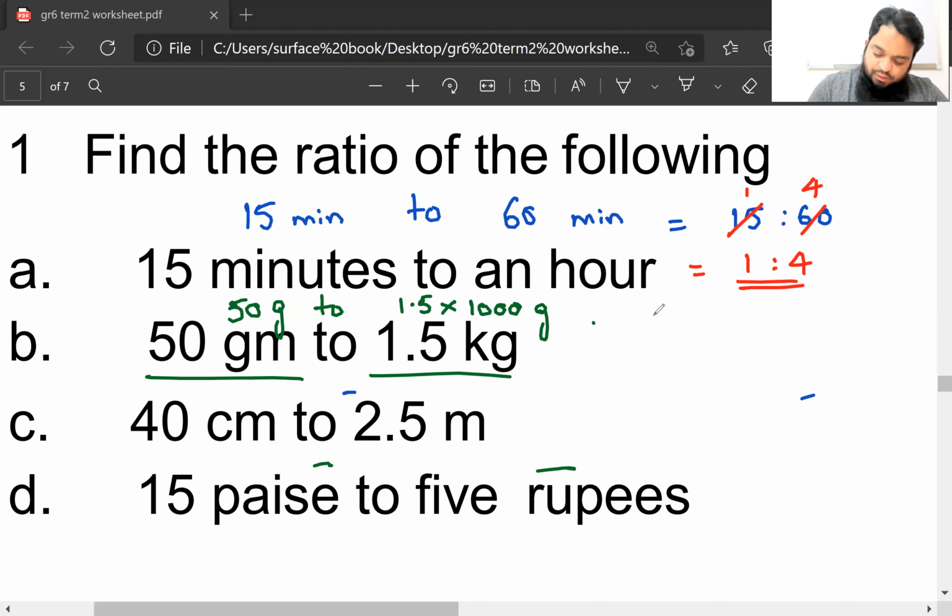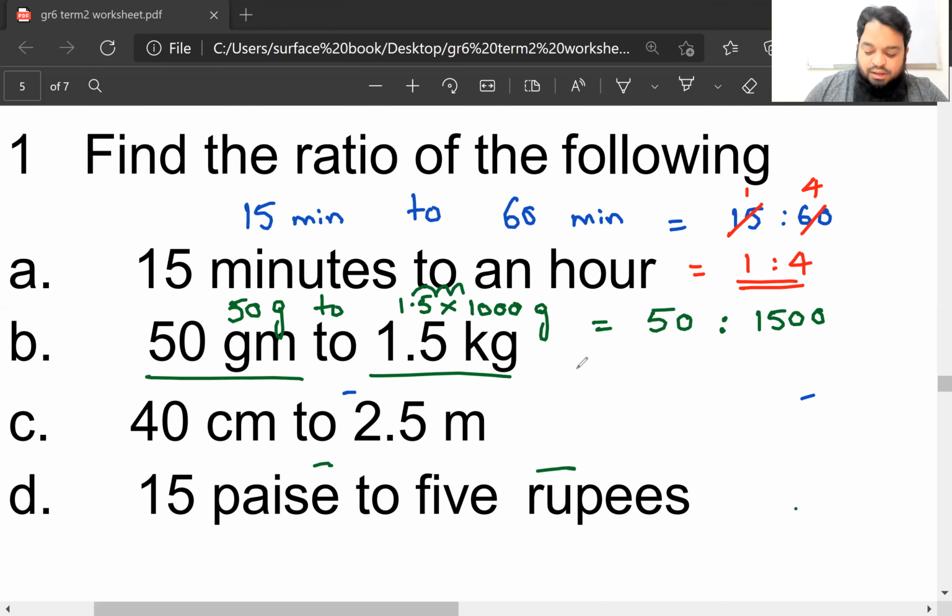So that is equal to 50 is to 1.5 times 1000. When you multiply with 1000, the decimal moves 3 places to the right. Got it? 1, 2, 3, so it becomes 1500. Now it's very simple.